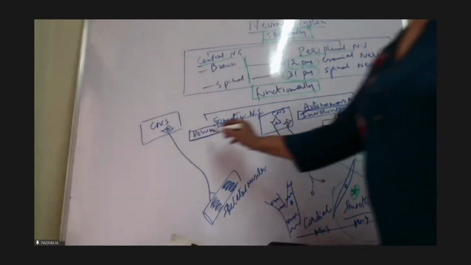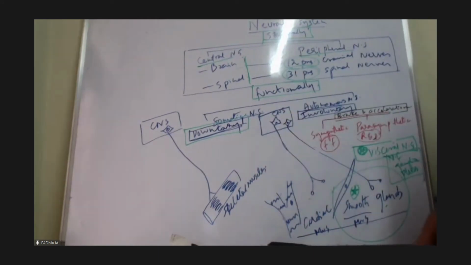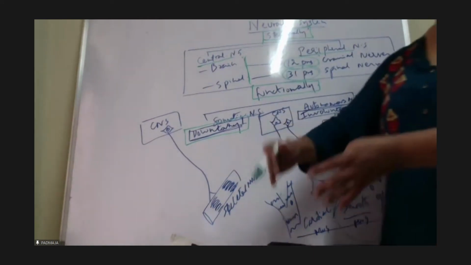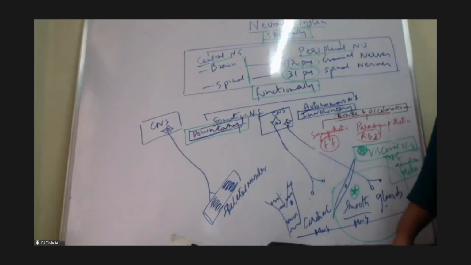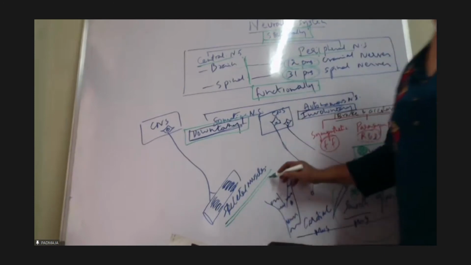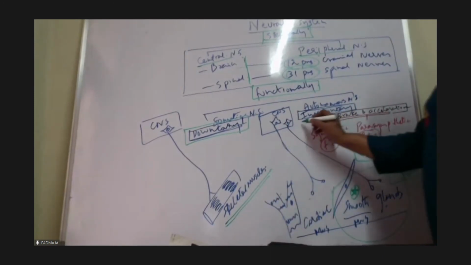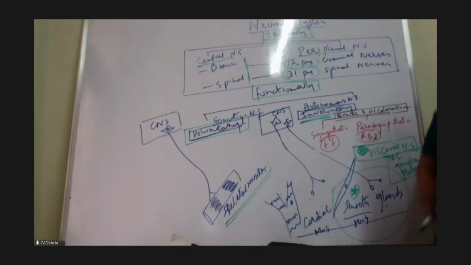The activities that we do with our voluntary, conscious control are all categorized as somatic. So automatically that innervates skeletal muscles. The second one is not under your conscious control, involuntary.